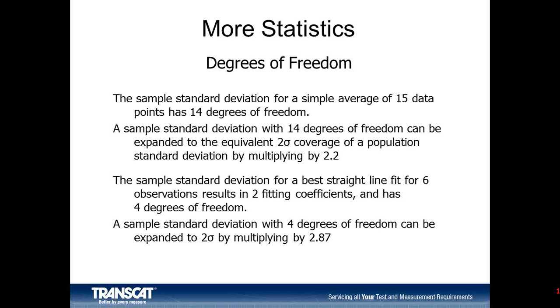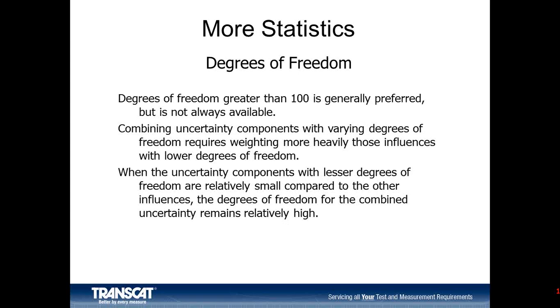So then the sample standard deviation with 4 degrees of freedom is expanded to the 2 sigma equivalent, the 95% level, by multiplying by 2.87 instead of 2.0. So that's the adjustment factor for a small sample size, degrees of freedom.